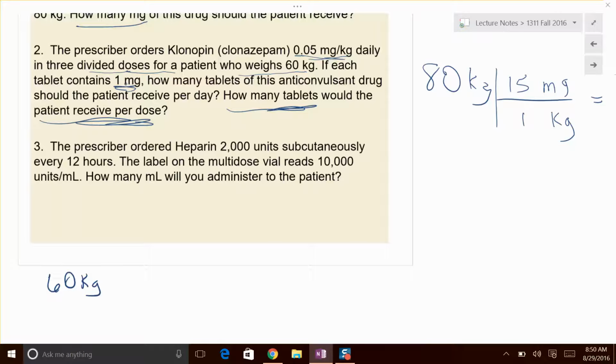How many tablets would the patient receive per dose, and each tablet is 1 milligram. So what's my first conversion I want to accomplish here? I'm probably going to have to do this in more than one step.